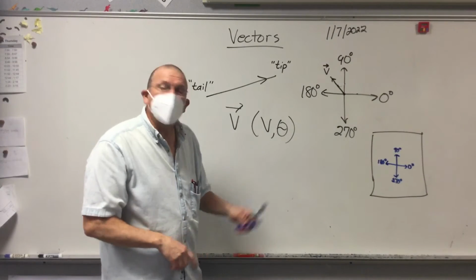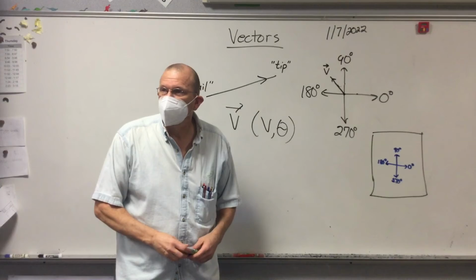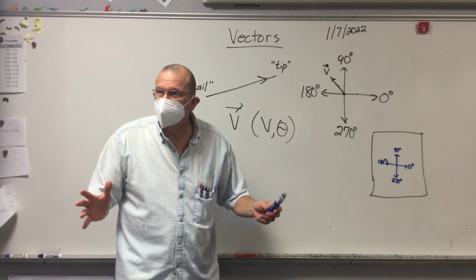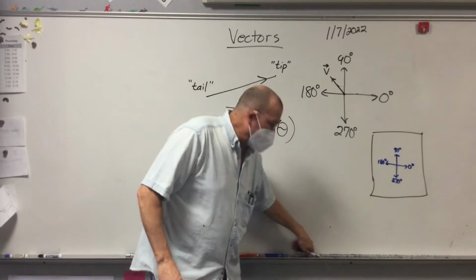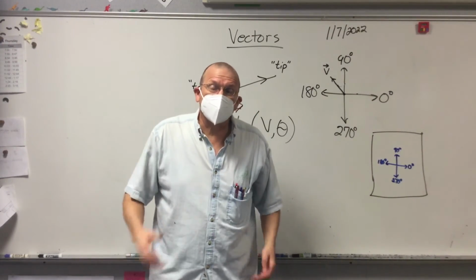And then I want you to draw the 10 vectors on your list on this. Simple enough?